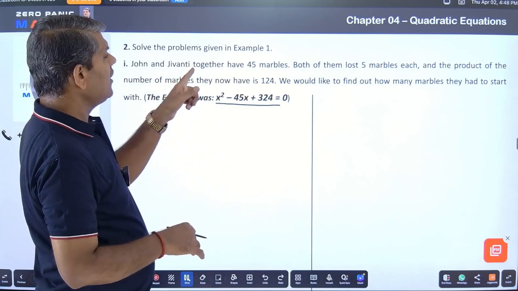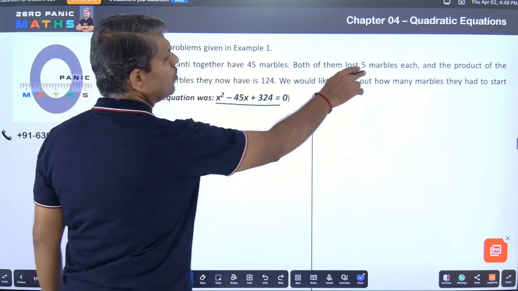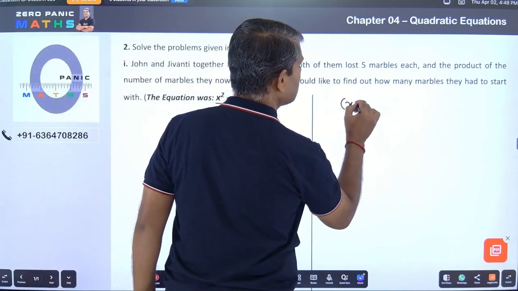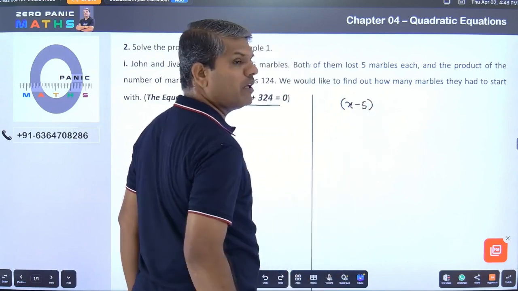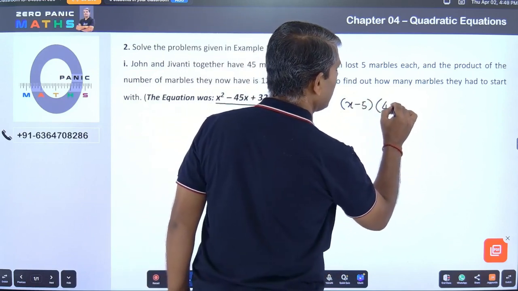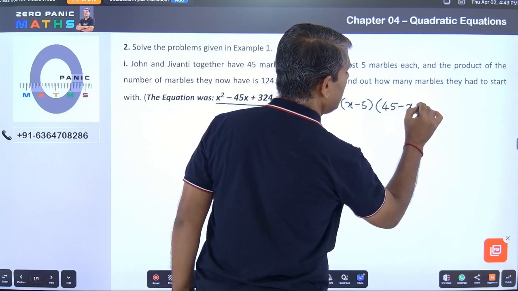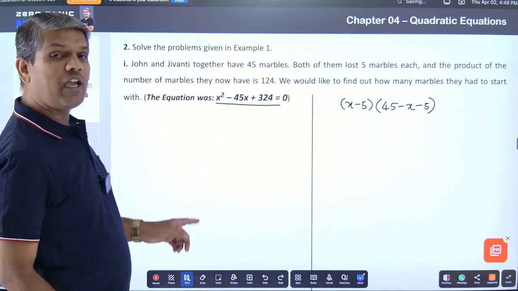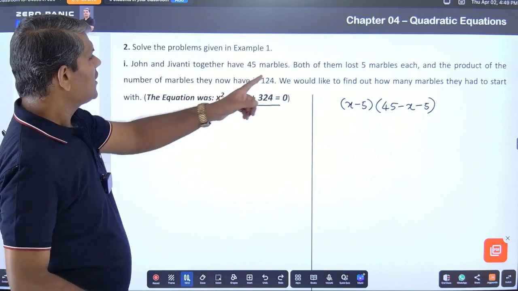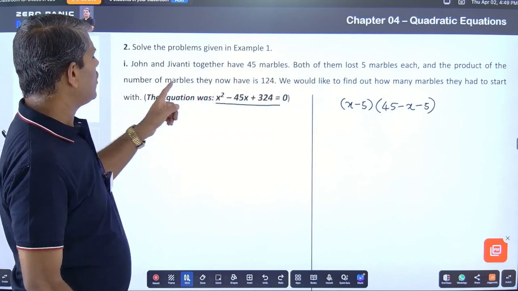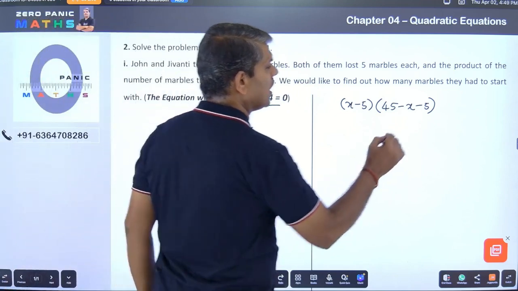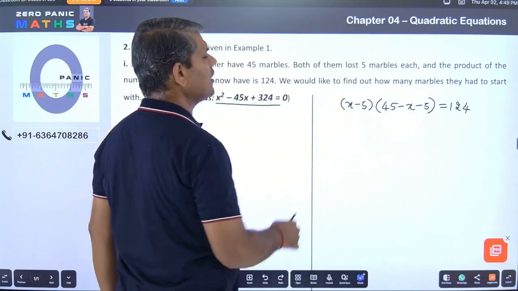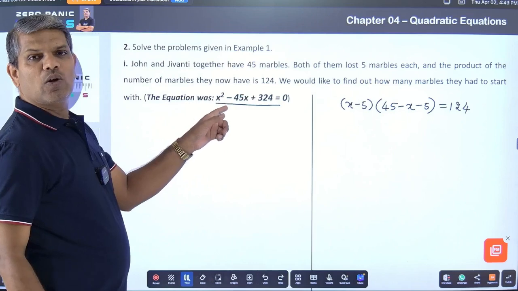After losing 5 marbles, John had x minus 5, and Jivanti had 45 minus x minus 5. The product after losing is 124. When we solved this equation, we got this quadratic equation.